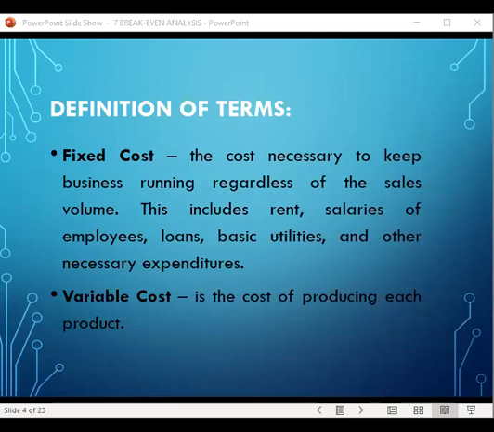The variable cost covers the cup, the seal, the straw, and all the necessary materials used for the product itself. That's the variable cost. The variable cost varies depending on how many products were sold on that day or a certain period of time.